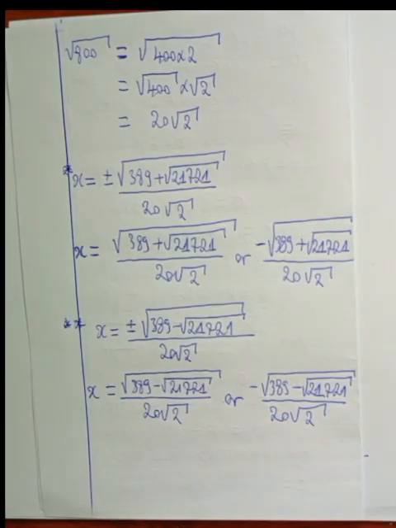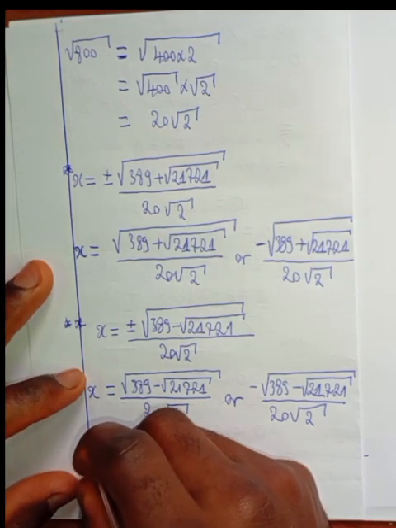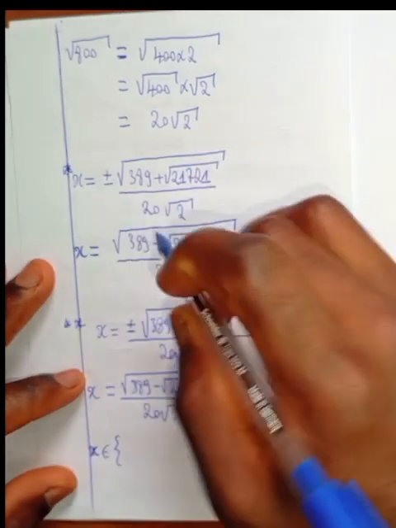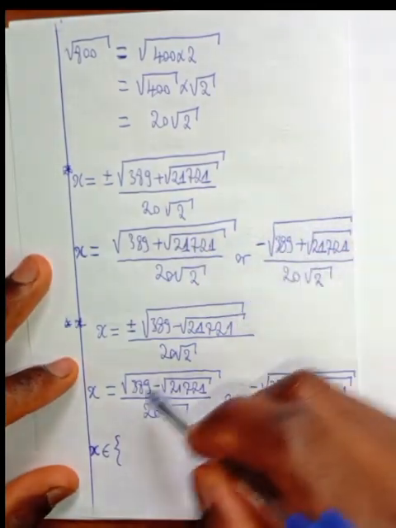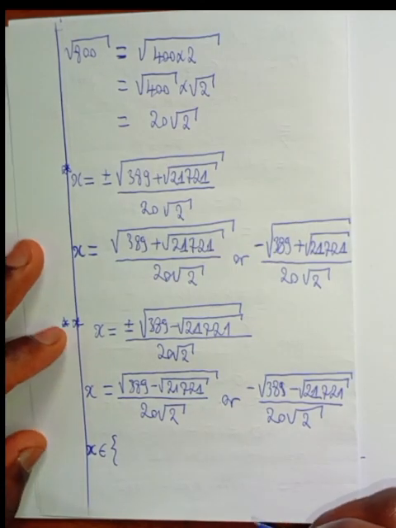Now we are going to give the solution set. The solution set, x simply belongs to the set. We are going to copy the 4 solutions. We start from the smallest.